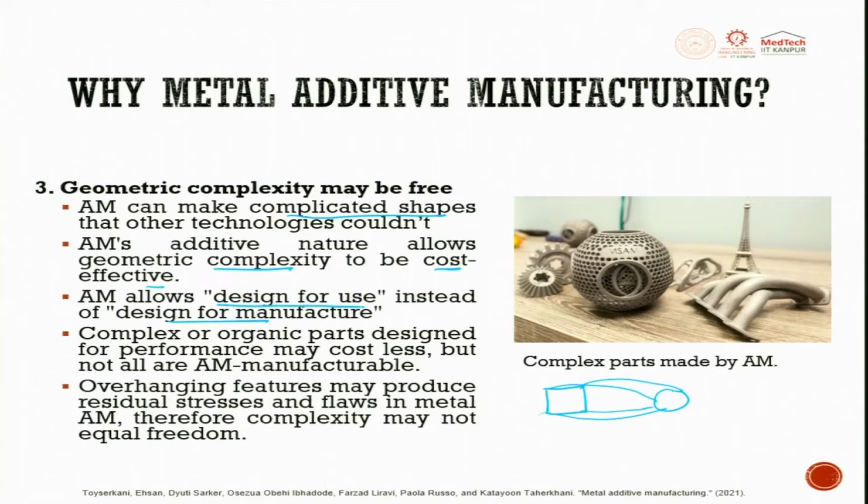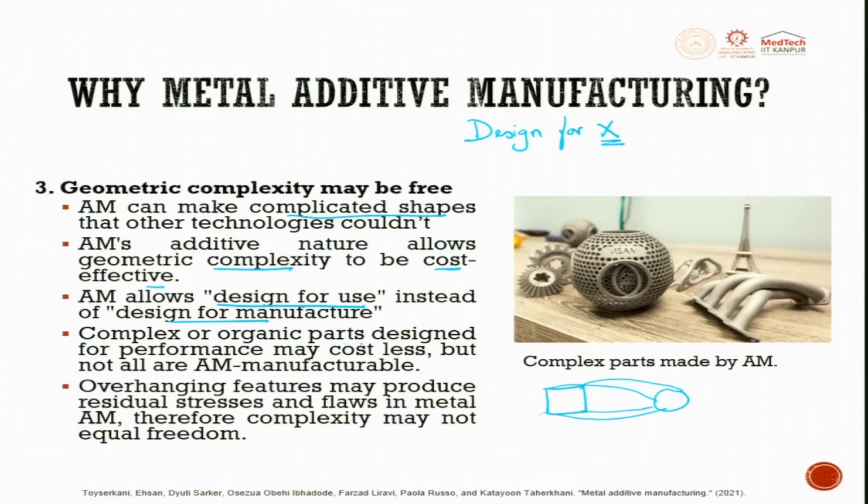Very important point. So we always talk about the concept design for X. This X can be assembly, disassembly, measurement, quality, manufacturing. Today we talk about design for use. So this is more of mass customization.